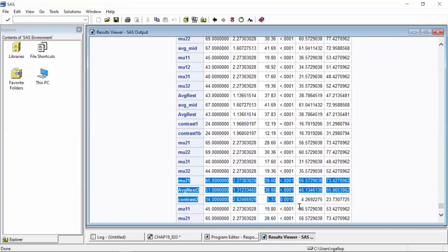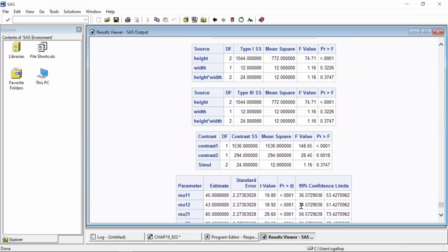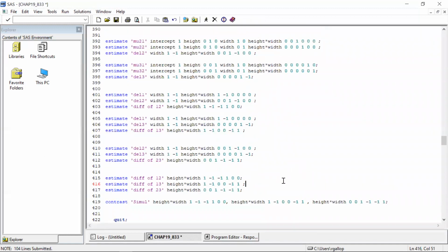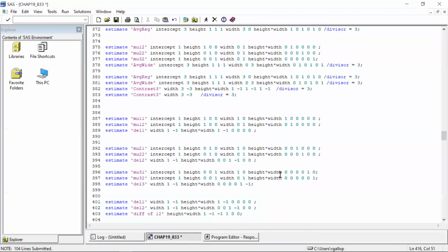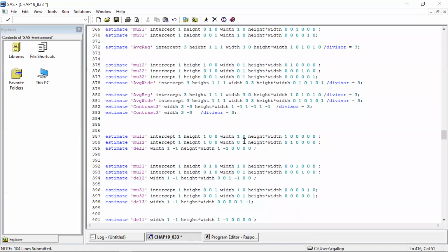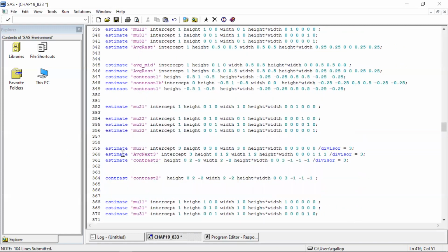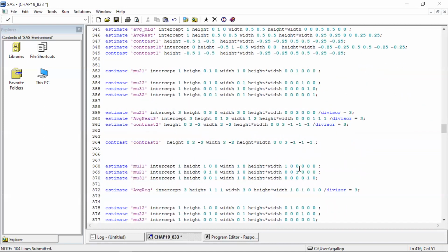So that 0.0018 is the same thing we get off this contrast 2. Again, keep that in mind as we move forward. So we end up getting this guy right here. That's our contrast 2.